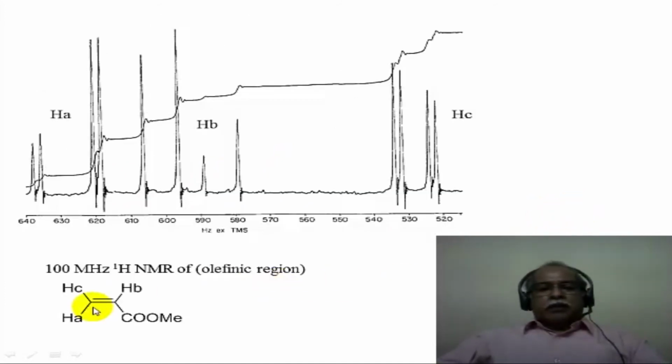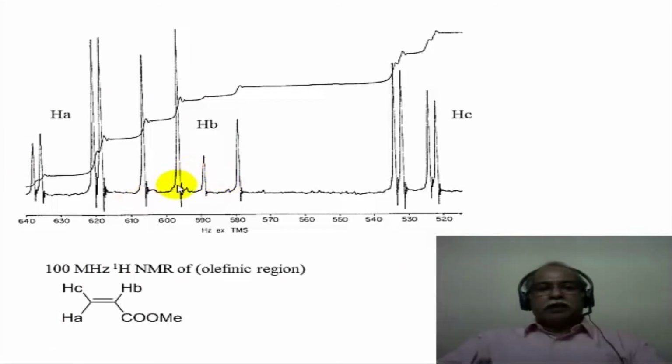As I mentioned, a monosubstituted olefin derivative can present itself as a fairly complex spectrum. The methyl acrylate is one such example. The X part of the spectrum is shown here, which is labeled as HC, and the AB part of the spectrum is labeled here, which is HA and HB, corresponding to the various spectrum. From this, one can easily extract certain information.